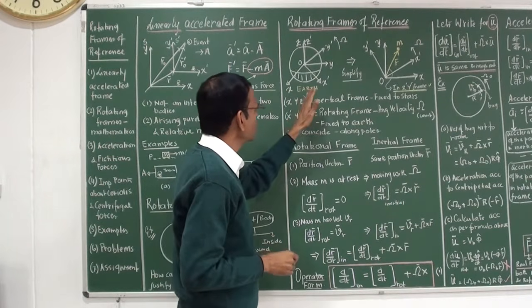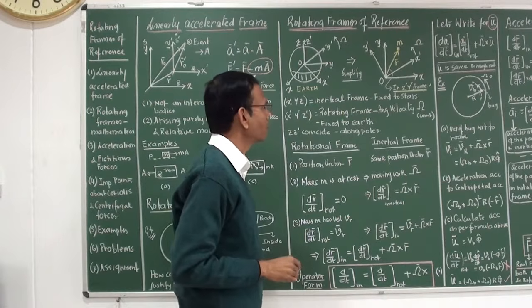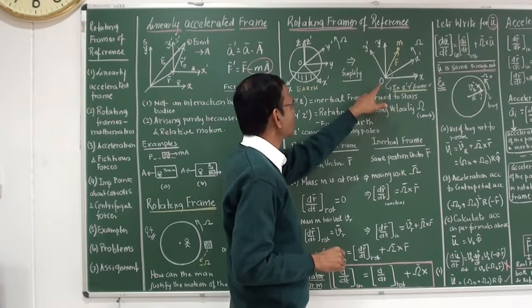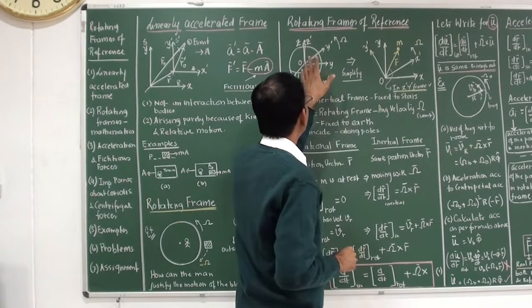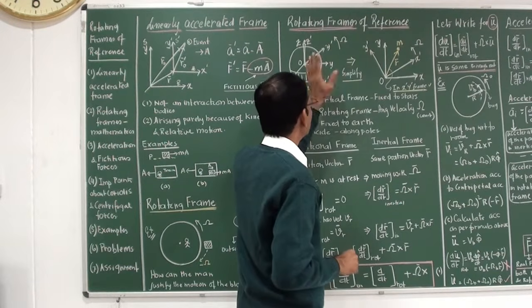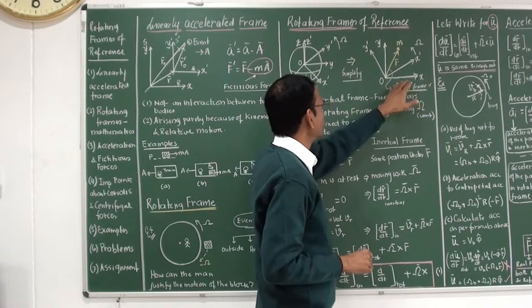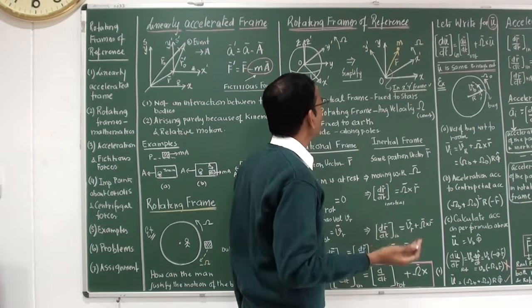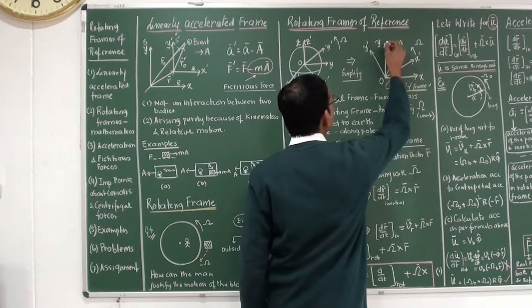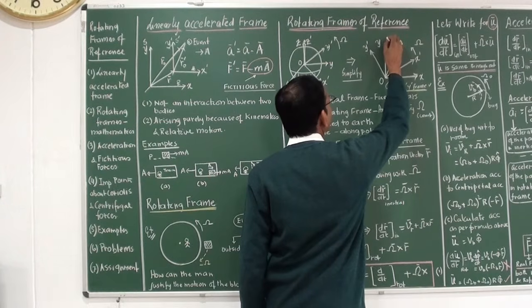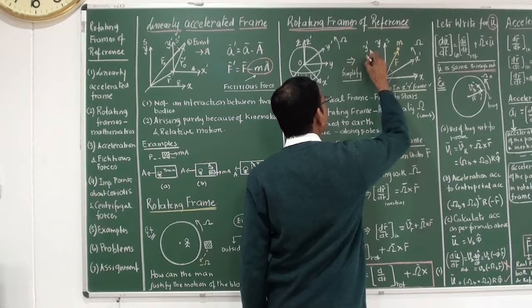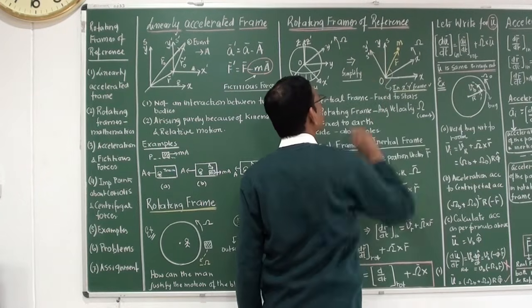Now we can make this figure a little simplified. This is your O. We have presently removed this z prime, and in a two-dimensional plane I would like to show you that x, y we can call the S frame, and this we can write as the S prime frame.